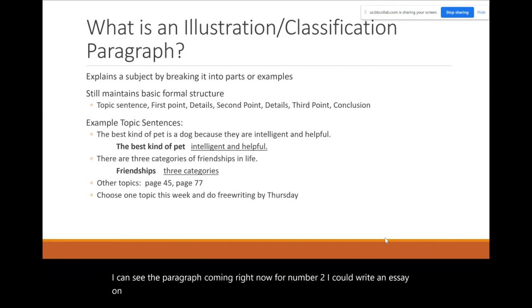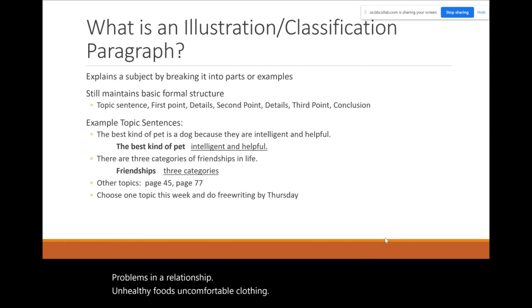I could write pages on this one. Problems in a relationship. Unhealthy foods, uncomfortable clothing, inexpensive hobbies. There are 3 kinds of inexpensive hobbies. You see? So each topic can be broken down into smaller supporting points.